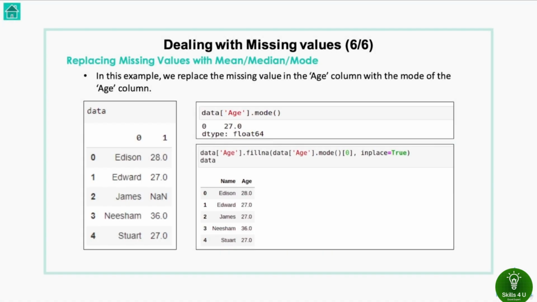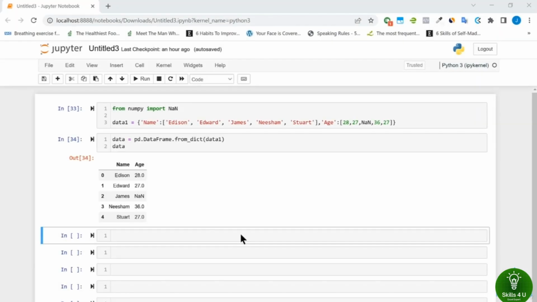We can also replace missing values of a column by the mode of the column using the .fillna() method. Let's see how. In this tutorial, we will replace the missing value in the age column of our dataset that we saw in the slides with the mode of the age column.